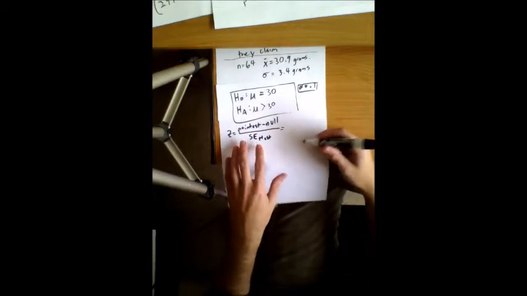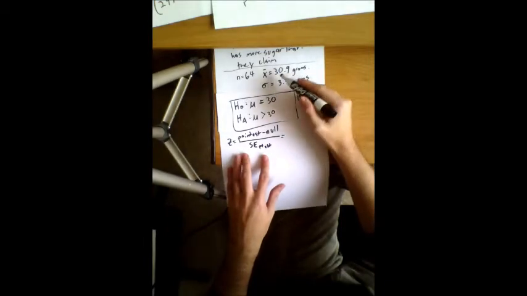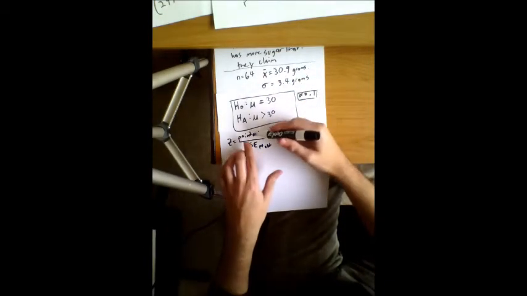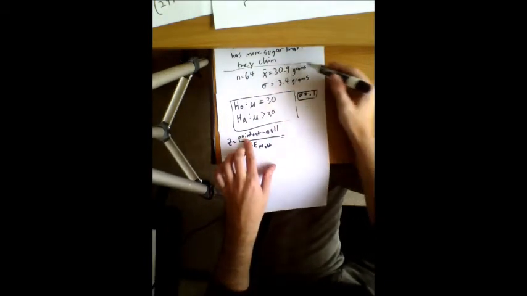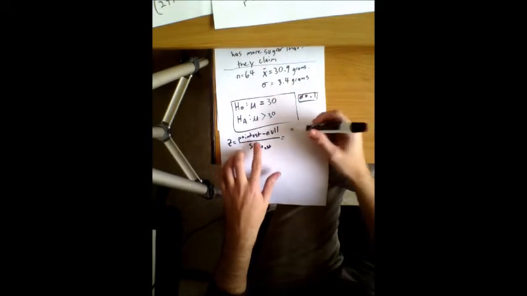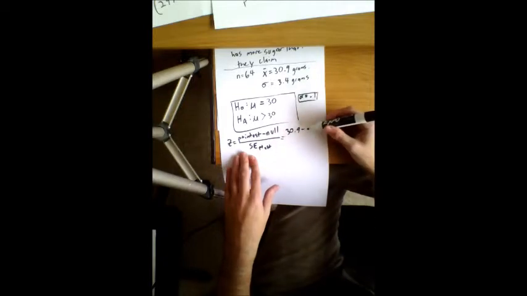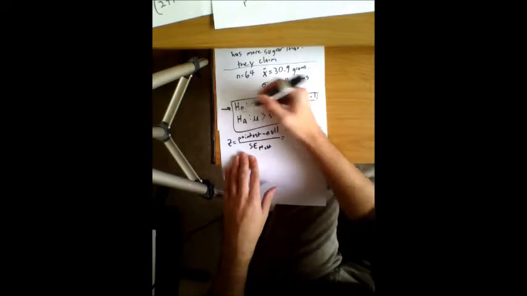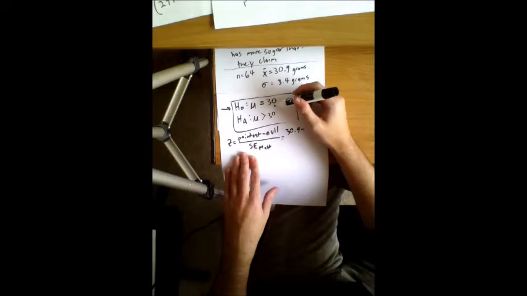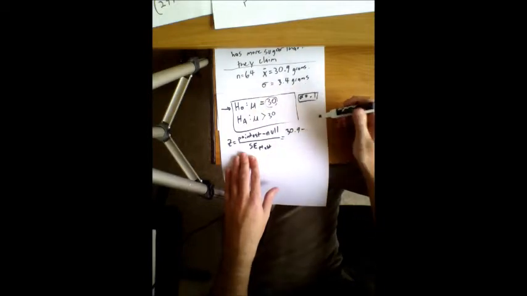So what this gives us, our point estimate here is, again, just what we observed. This is what our sample gave us. This is what we were testing. The test is 30.9 minus the null value. The null value comes from here, we've got this 30 here.